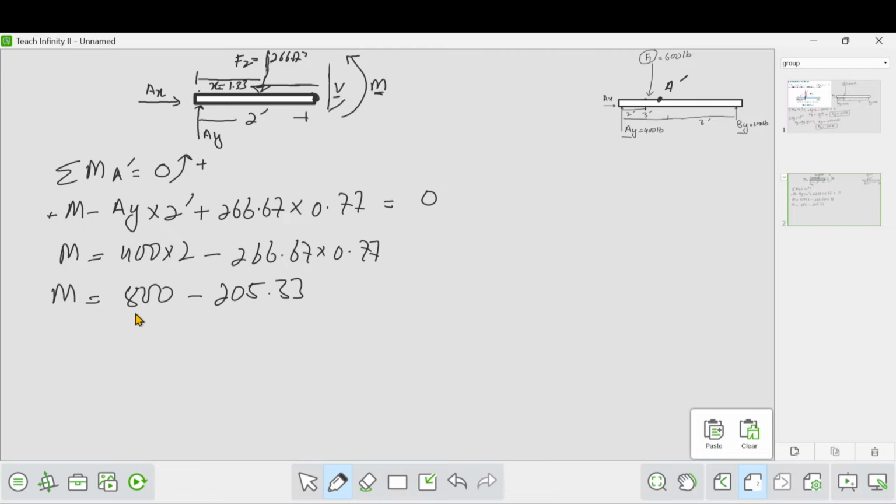Actually, this is 0.67, not 0.77. So 0.67 multiplied by 266.67 is 178. So 800 minus 178 is 622.22. So it will be 622 pound-feet.